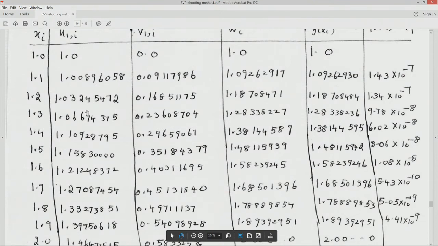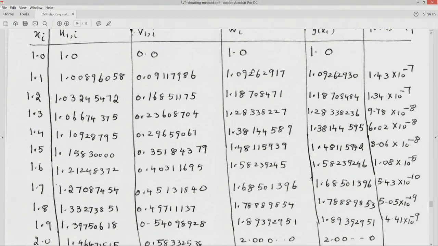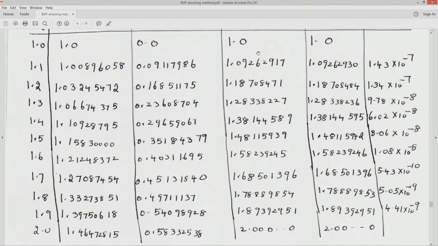For the first initial value problem, whose solutions we have determined, we have denoted by y1i, the second initial value problem v1i, and y of xi, namely wi, and the exact solution is listed in this column, and the last column gives you the absolute error, namely the difference between the exact solution and the approximate solution.